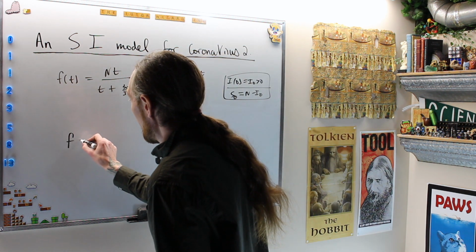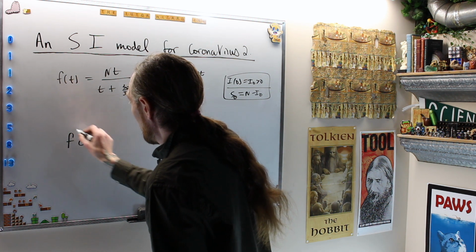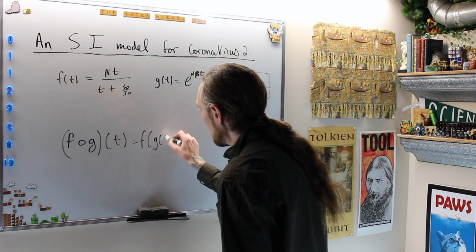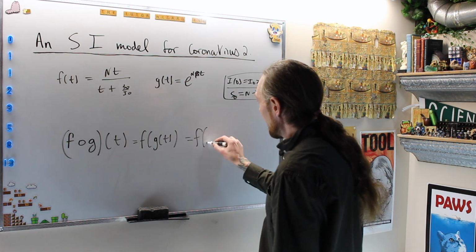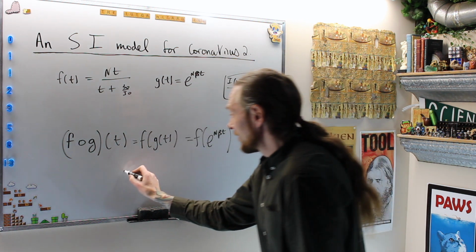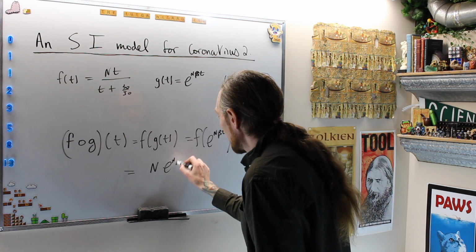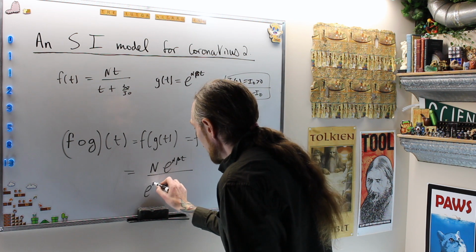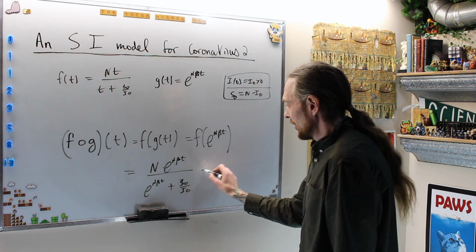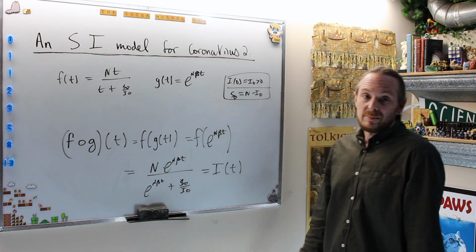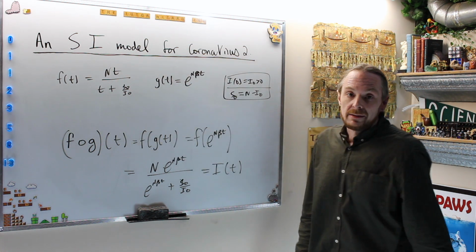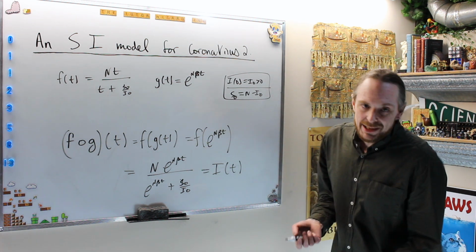What is f following g of t? This is f of g of t, which is f of e to the n beta t. Now I put that wherever t is in this expression, which gives me n e to the n beta t over e to the n beta t plus S naught over I naught, which is our explicit solution. Our solution is the composition of the Monod function, they call it, and the exponential function. This is what the explicit solution is to the logistic equation.